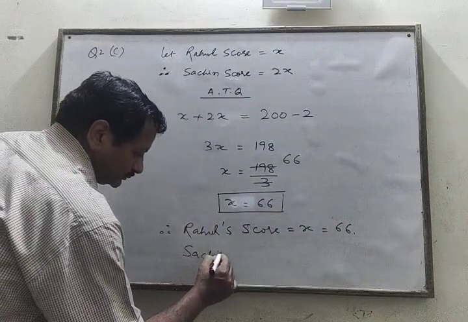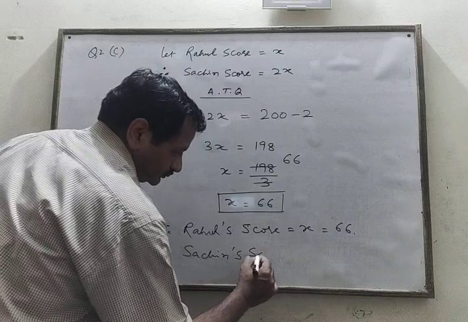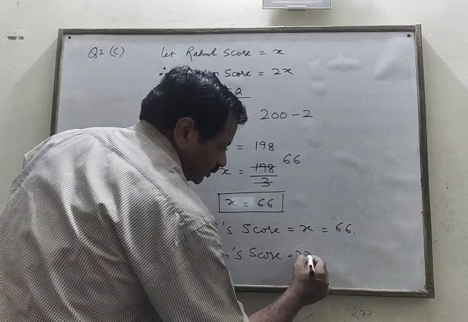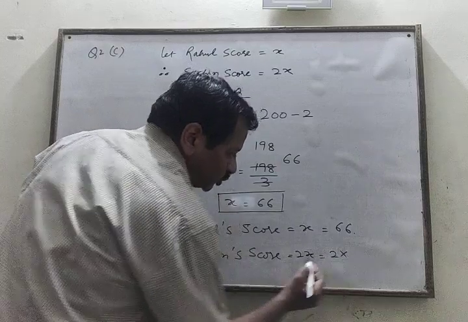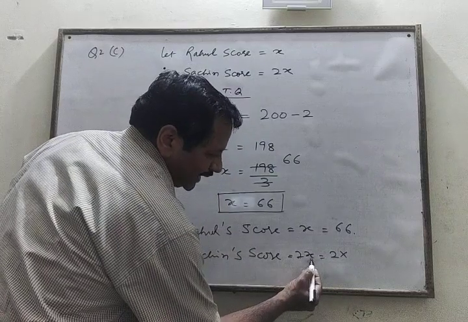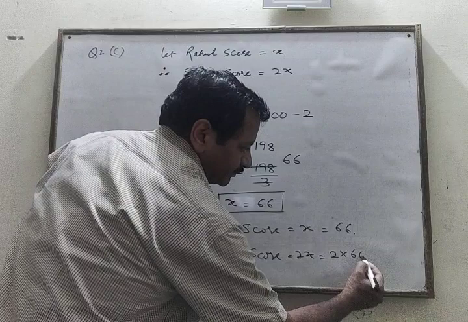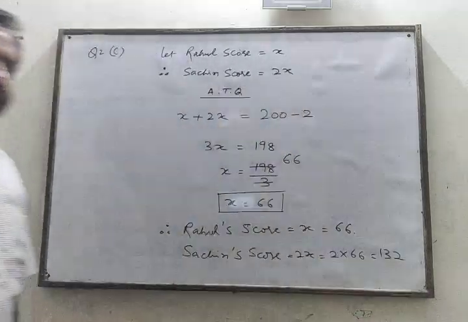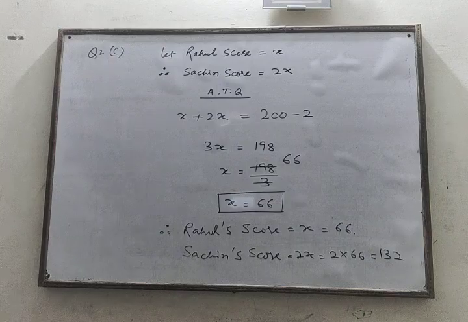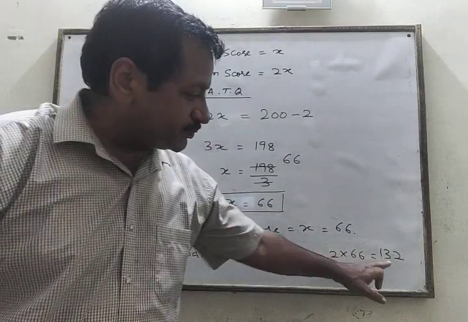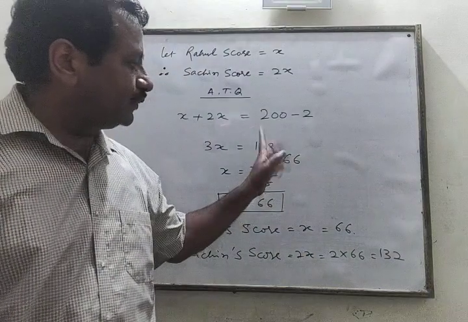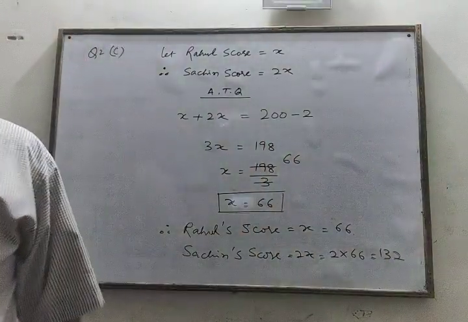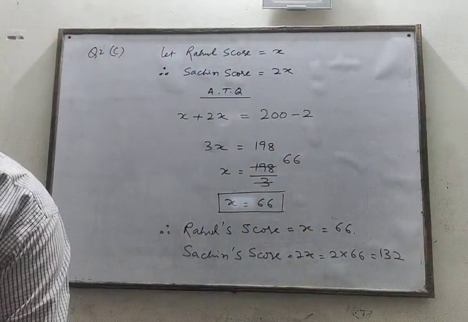Sachin's score is equal to 2x, that is 2 multiply 66, and it is 132. And you can even check: 66 plus 132 will be 198. That is cross checking.